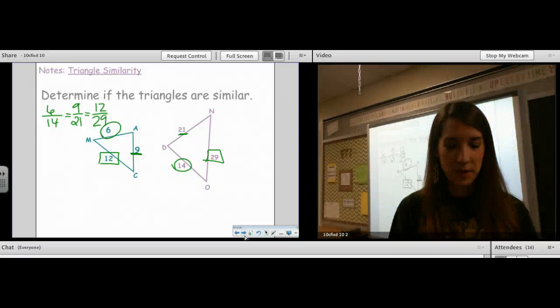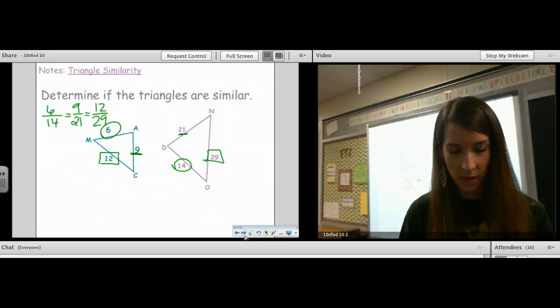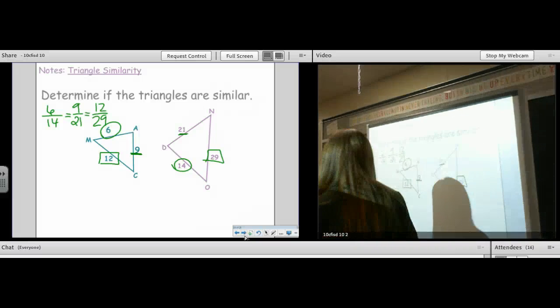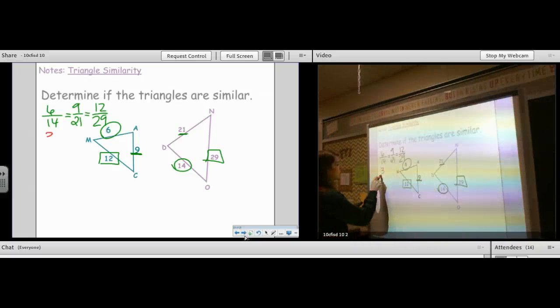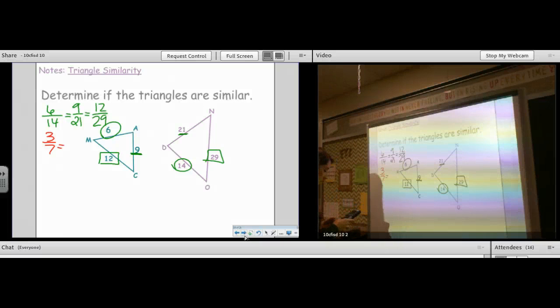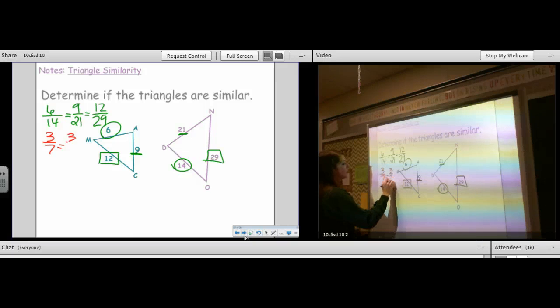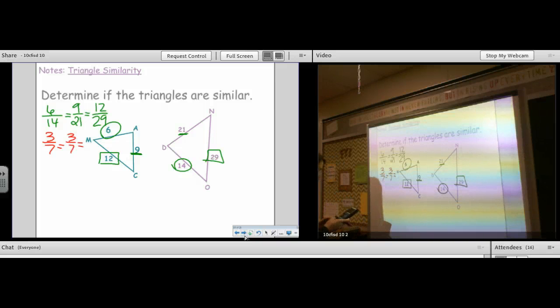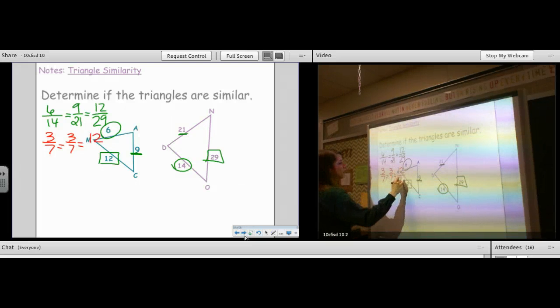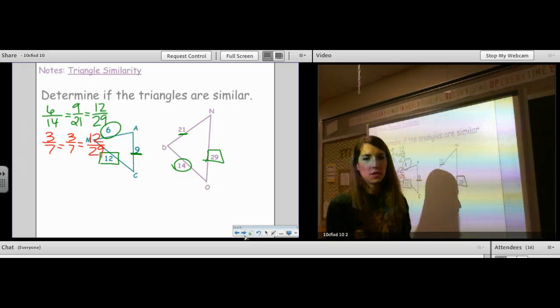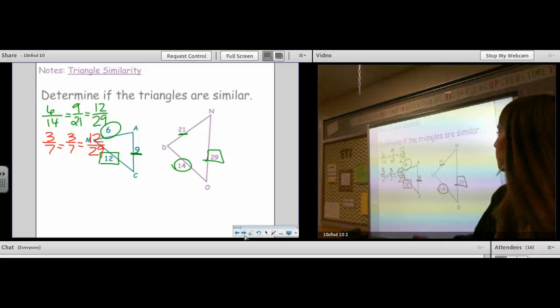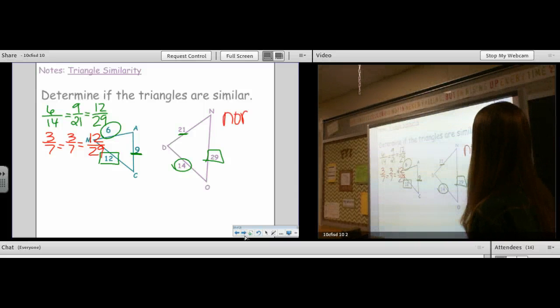Oh, you're saying close but no cigar? So 6/14 is 3/7. 9/21 is also 3/7. But then you check 12/29 and it's 12/29. So they are not similar. None or no. No, they're not similar.